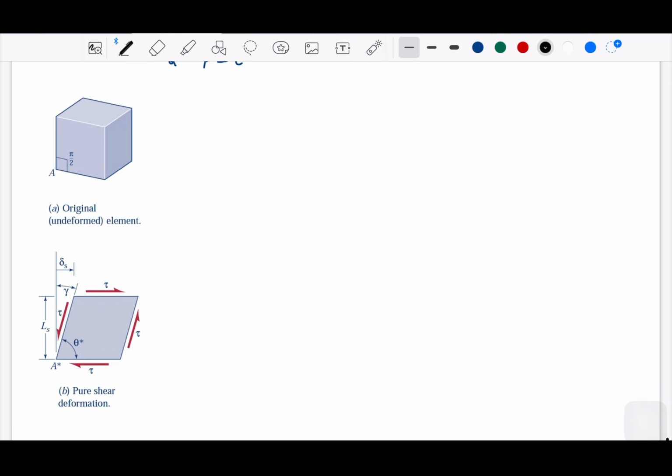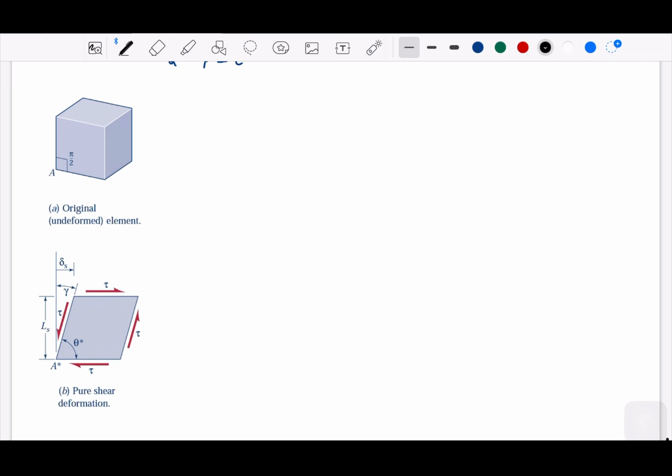So we take the shear, and we push that way, and it also changes the shape here, which means that the angle that previously was pi/2 in a perfect cube is now changing. It becomes the new theta.